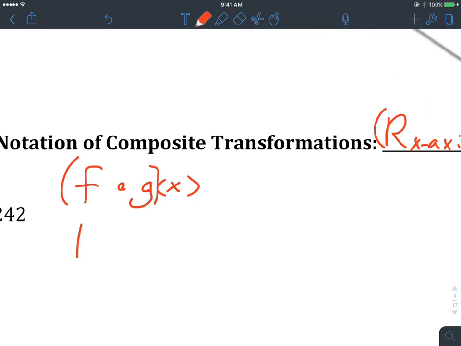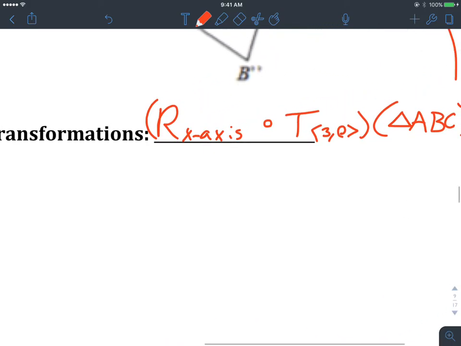You write it like this, f of g of x. You'll learn a lot more about this in Algebra 2, but essentially you start with the thing that's closest to x. You start with the g of x stuff.